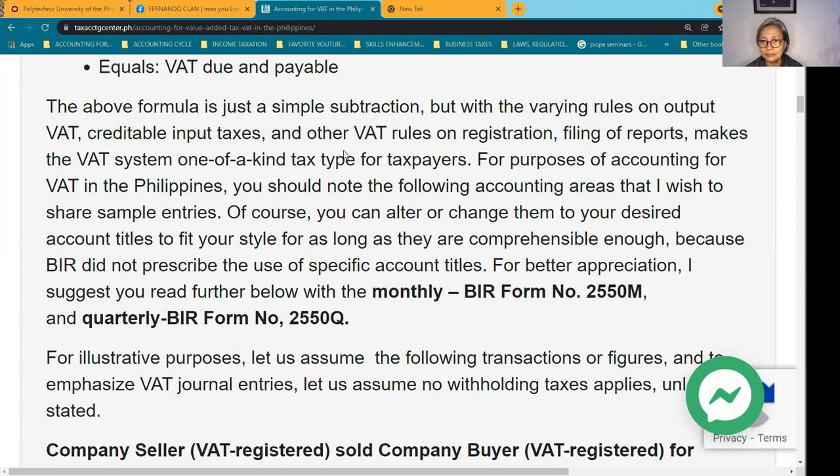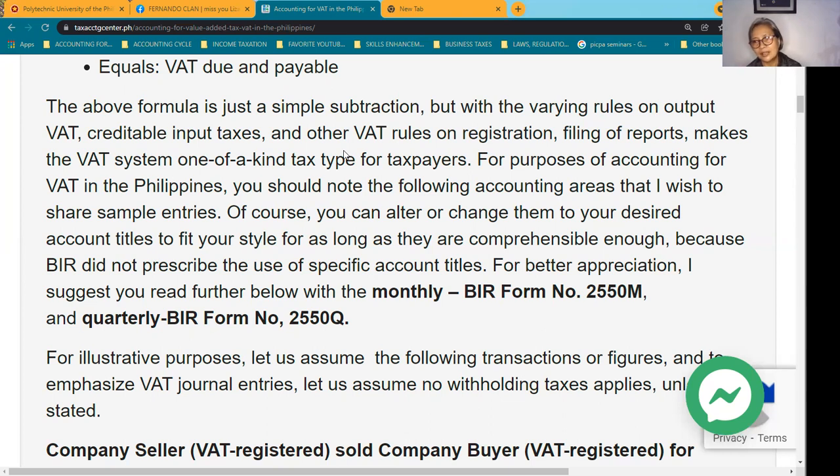Ngayon, bumili ka, debit asset, expense, purchases, debit input VAT, credit cash or accounts payable.